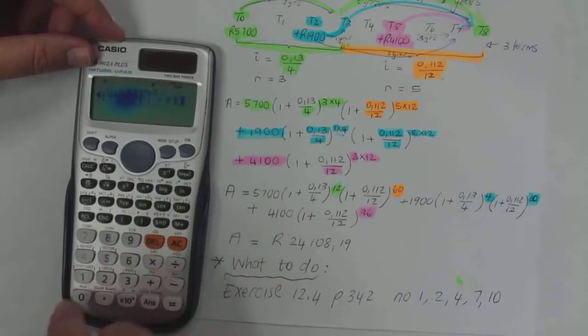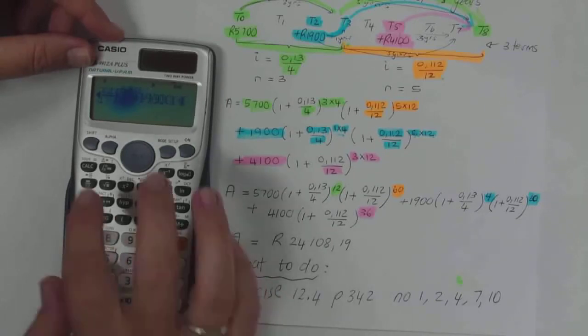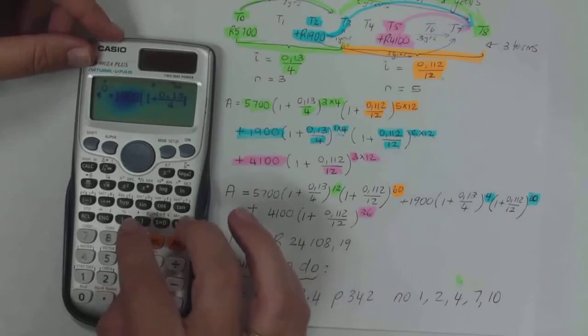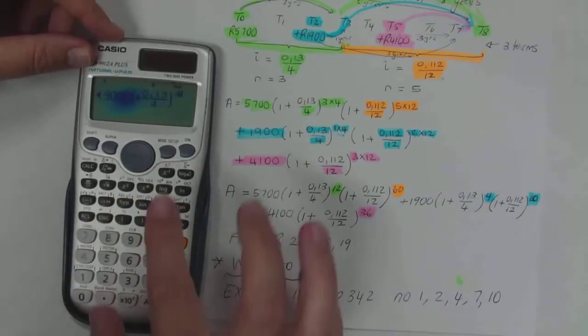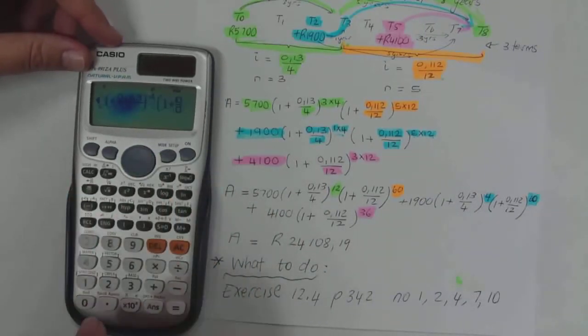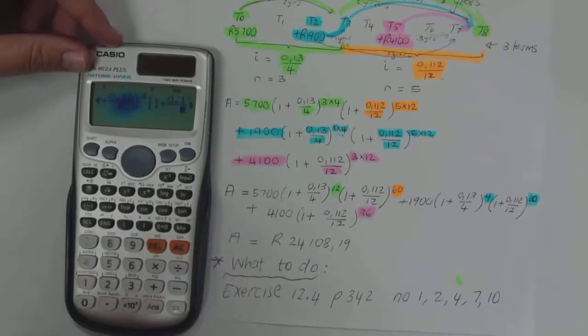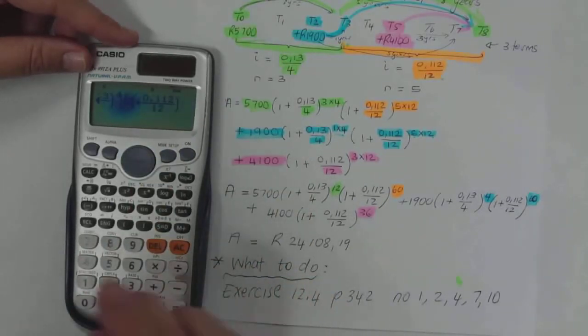Then I have 1,900, and that was done at 13% every quarter for 4. Okay, and I have 1 plus 11.2%, and that was at every month and to the power of 60.